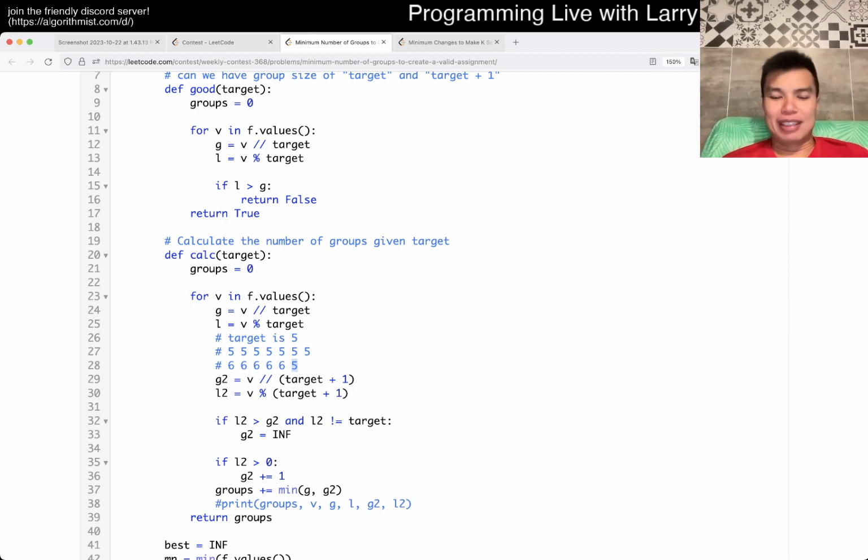Otherwise, in the opposite case, we set it to infinity. I guess this is unnecessary actually. But if it's not equal to target, then it should be fine. If it's 0, did I have it like this? This is way awkward.